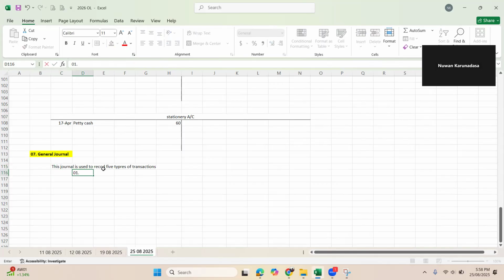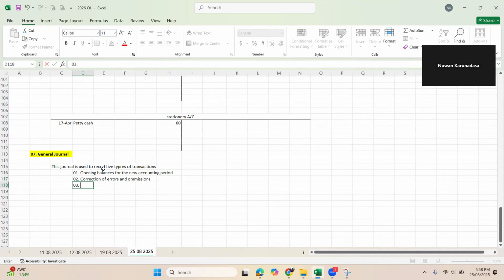The first one is opening balances for the new accounting period. Number 2, correction of errors and omissions.